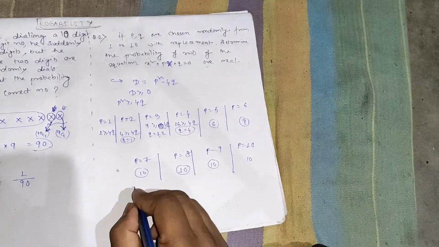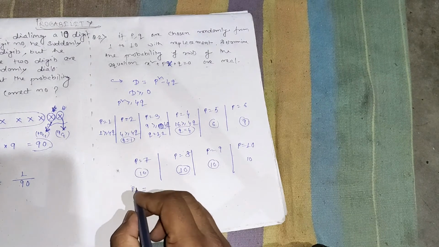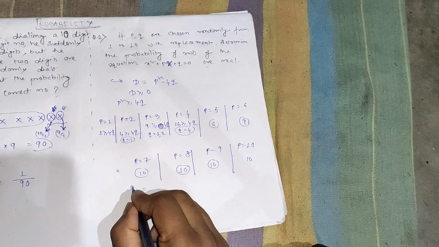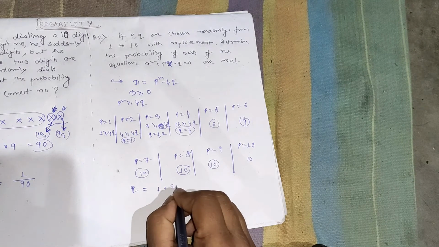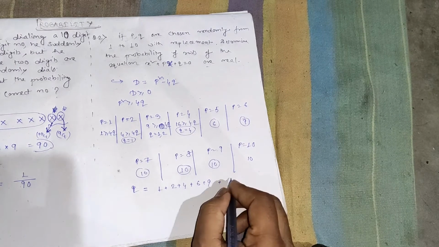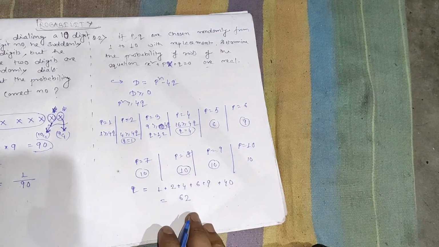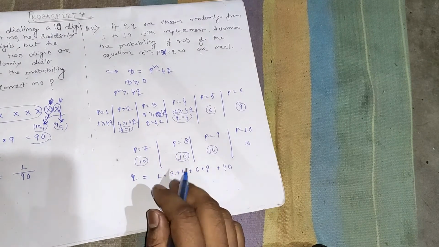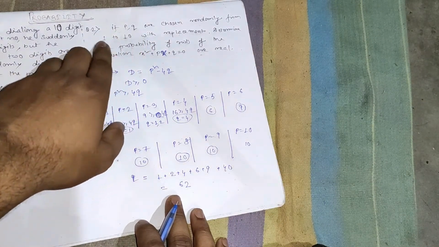So the total number of q that we can get from here is 1 plus 2 plus 4 plus 6 plus 9 plus 40. So it is 62. You can check that p and q are chosen randomly from 1 to 10.